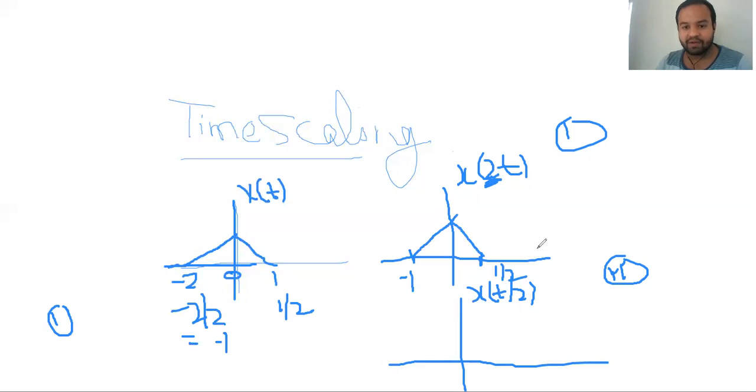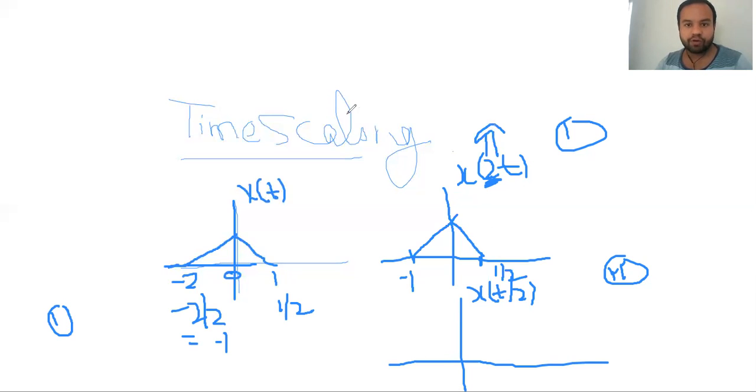Why? Because we are not doing anything with the amplitude. We have only manipulated the time axis, so we divided all the coordinates by the number present. In this case my signal is compressing.